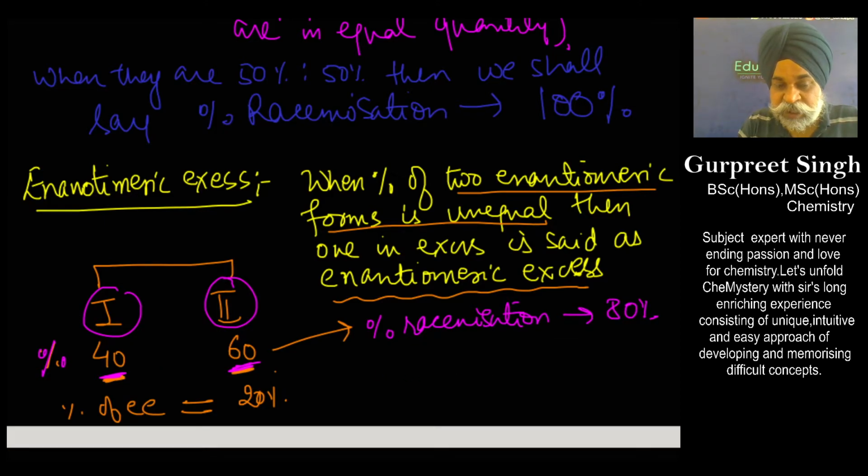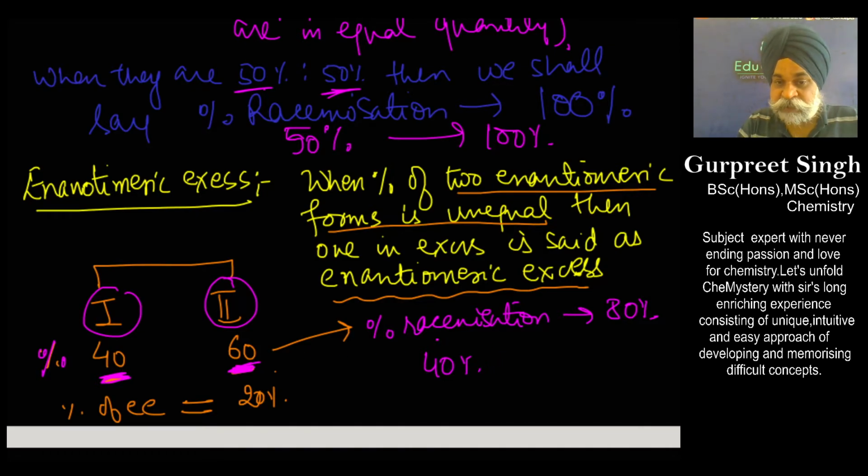Because if it had been 50-50%, if it is 50% available, then the percentage racemization is 100. But when it is 40% racemized, because 40 of this would cancel the 40 of the 60%, that means 40% is going to get racemized.